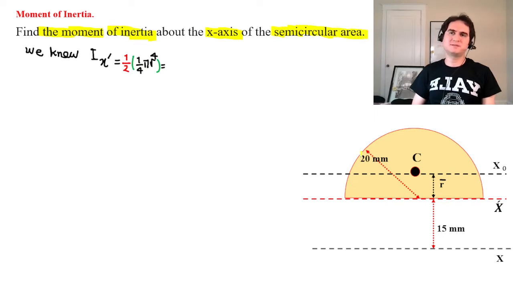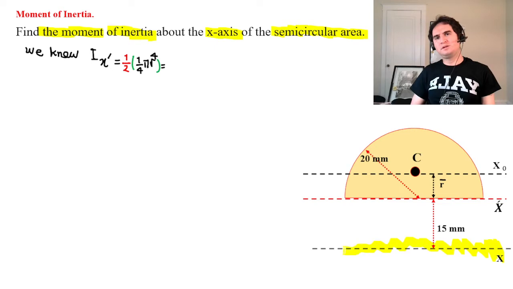If we have a semicircle like what you can see here, we want to know the moment of inertia about an axis like Ix, what Ix is.